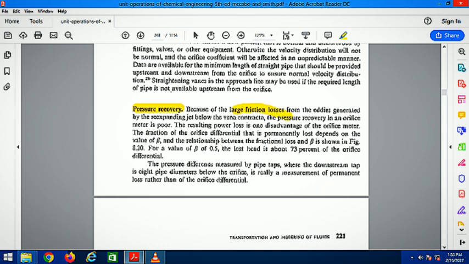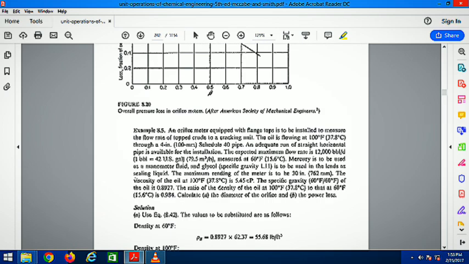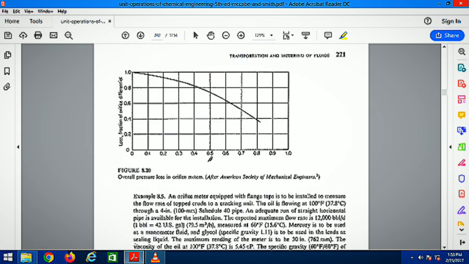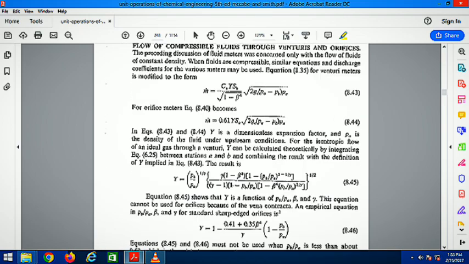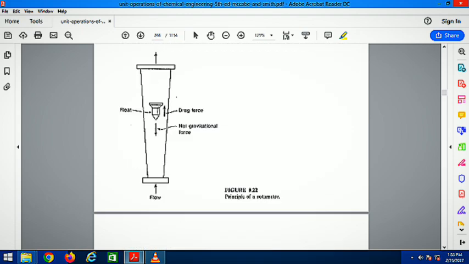And the pressure recovery in the orifice meter, due to large friction losses, is generally poor. Anyways, it's easy to operate an orifice meter because we can change the throat diameter.